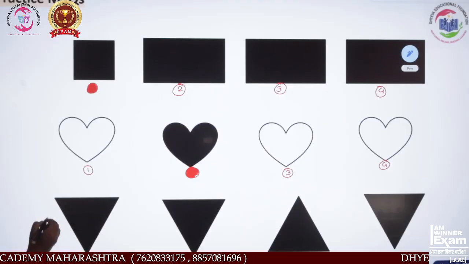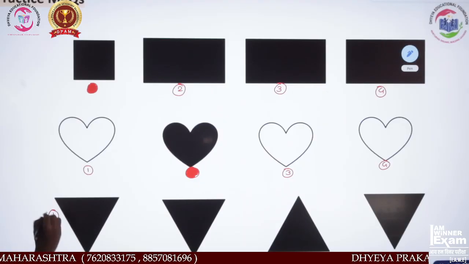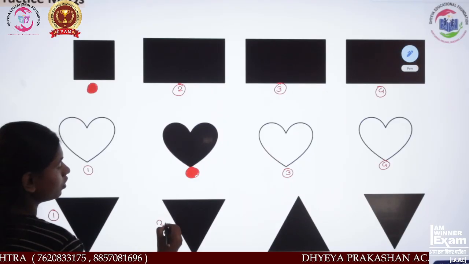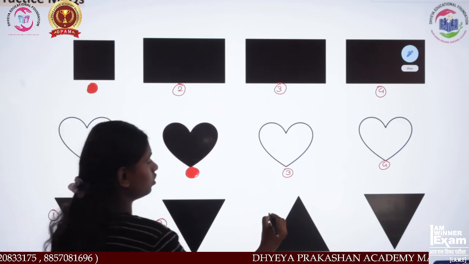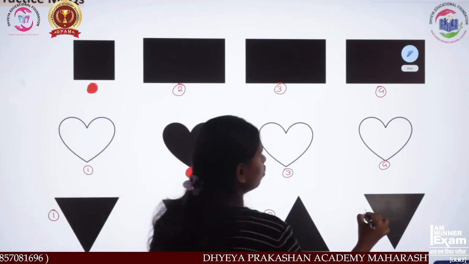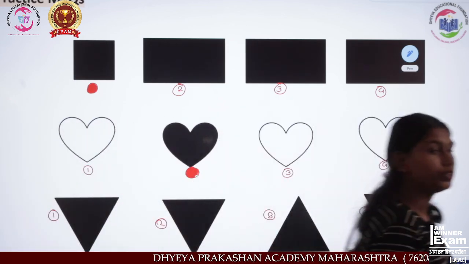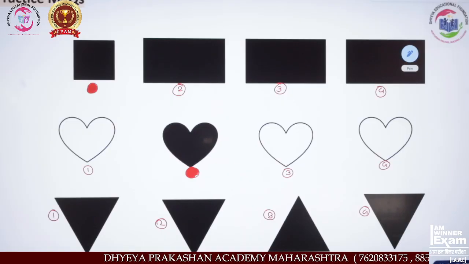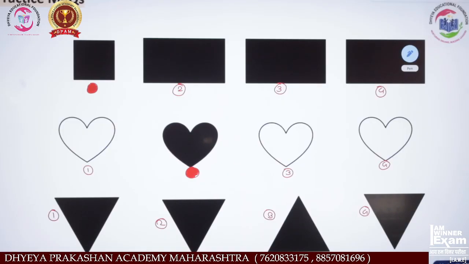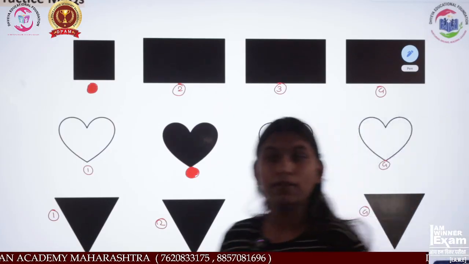Okay, then next, now this is the first figure, this is your second figure, this is your third figure, this is your fourth figure. Now which figure is different? That is figure number 3. Why?